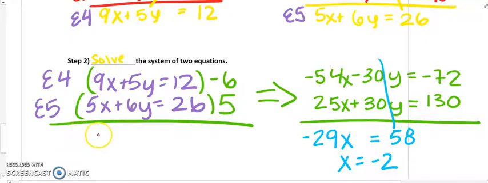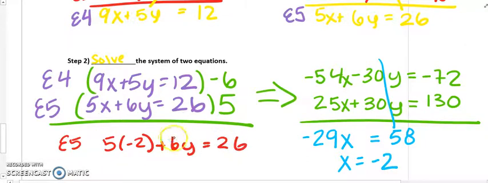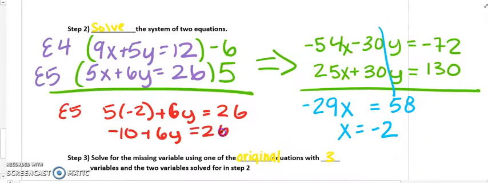Neither one's real pretty, so I think we're going to plug into E5. So I have 5 times negative 2 plus 6y equals 26. So I'm going to solve for y. We get y equals 6.